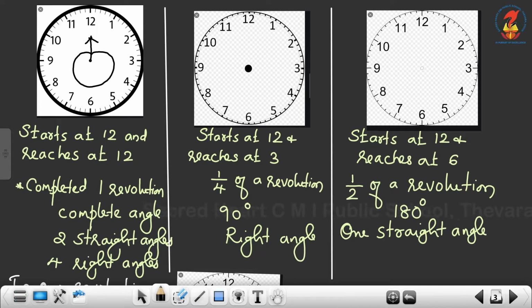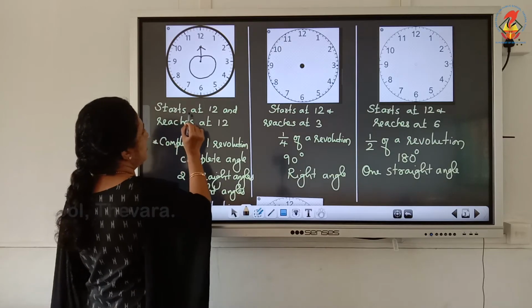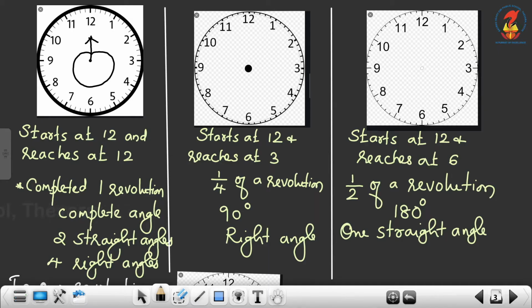It completed one turn, a full turn. So we can say that it completed one revolution. Therefore, the angle turned is a complete angle. And in one revolution, two straight angles are formed and four right angles are also formed.